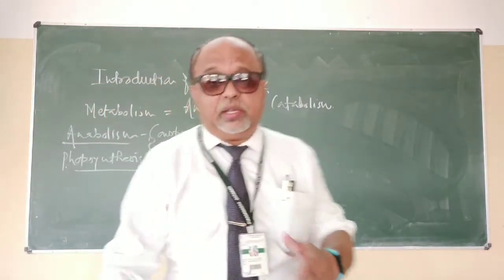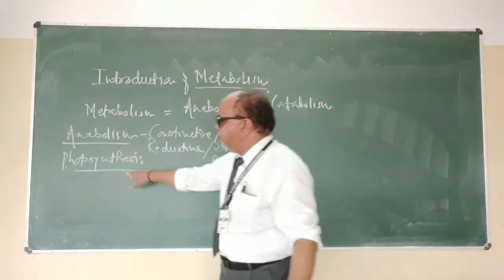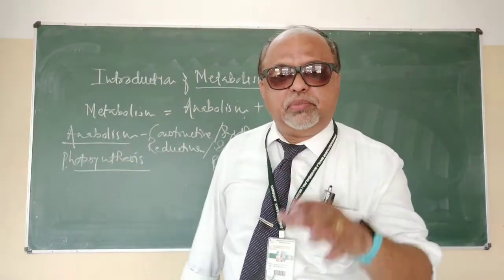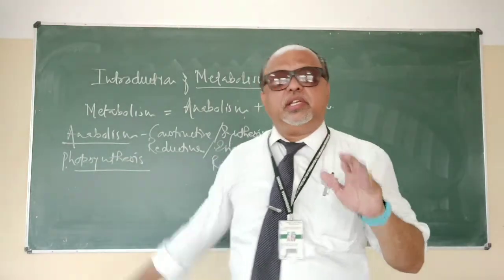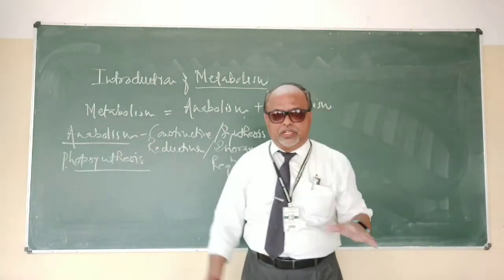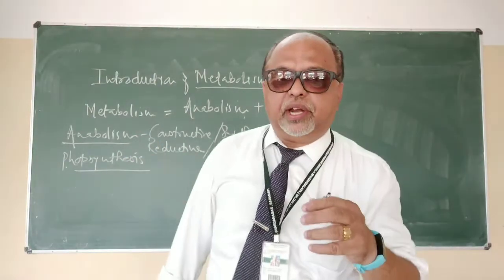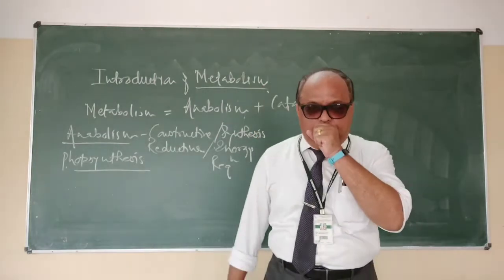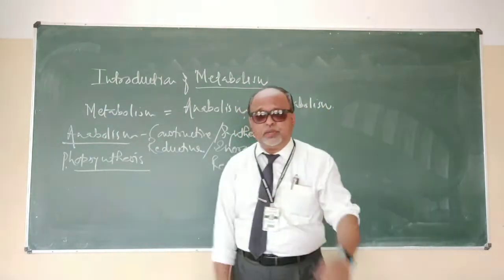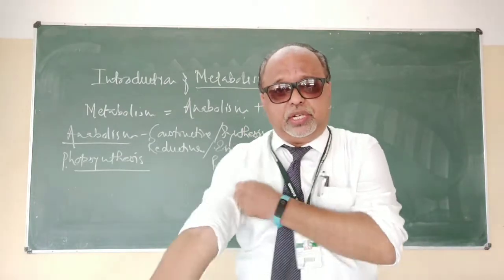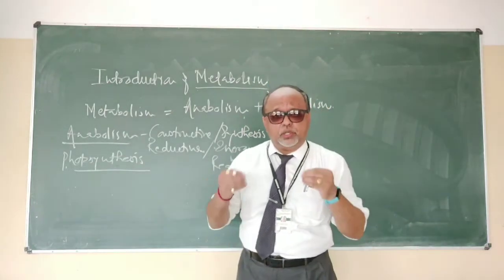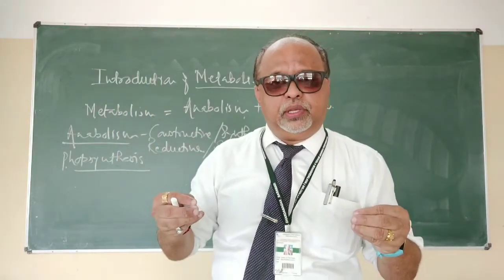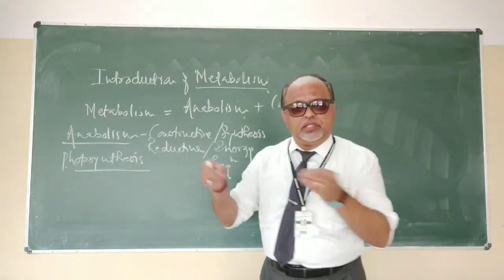Photosynthesis. This word itself contains photo and synthesis, meaning something is synthesized or constructed in the anabolic reaction. Photosynthesis is an anabolic reaction, a synthesis process, a constructive process in which, using light energy, something is synthesized.